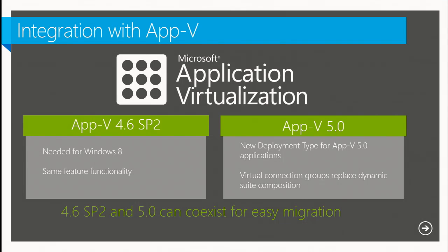The great thing is that these two versions can coexist. And it's interesting because organizations that have hundreds of packages are not going to convert them in one day. So during this time, as the applications gradually get converted from 4.6 to 5, both clients can be installed in parallel and both can be managed through Configuration Manager.